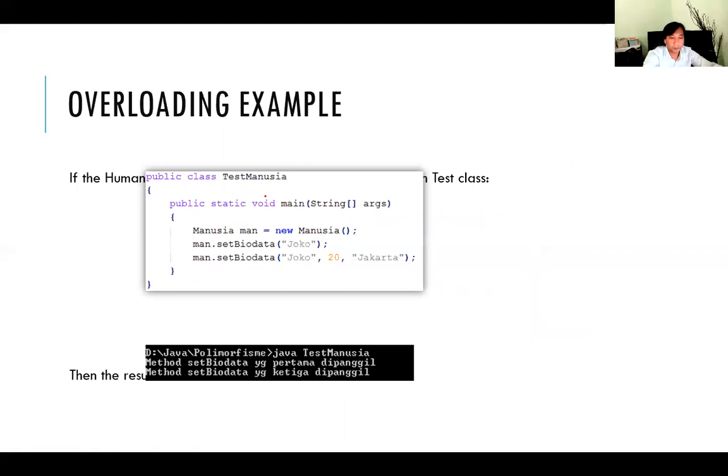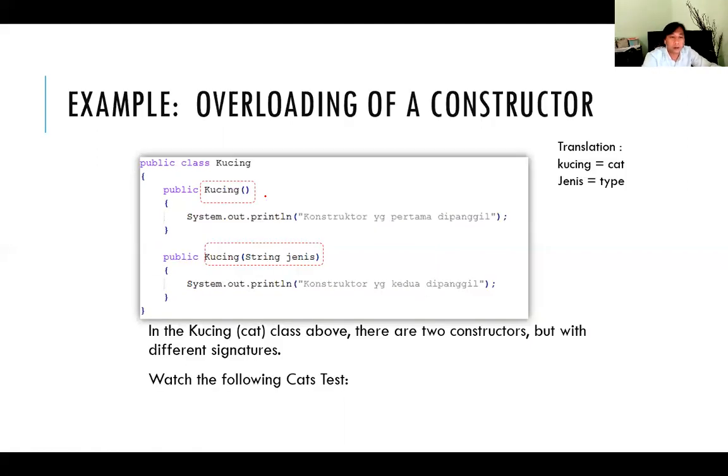Okay, so I hope you still remember the important key about constructors. The constructor name has to be the same as the class name. This is the key, or this is how you define a constructor method.